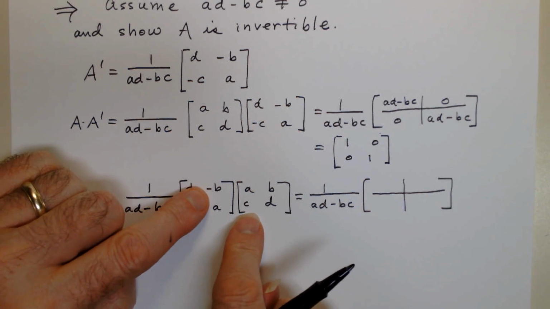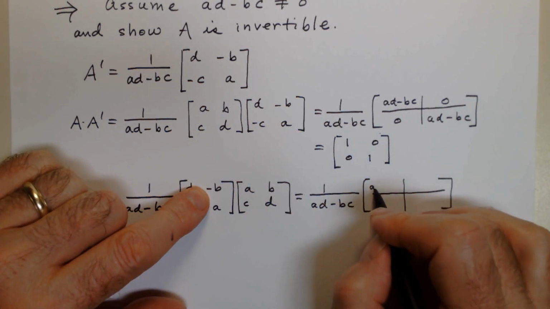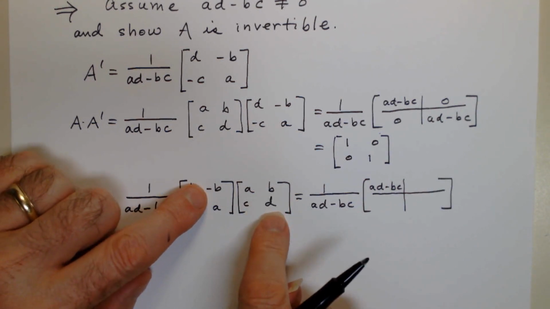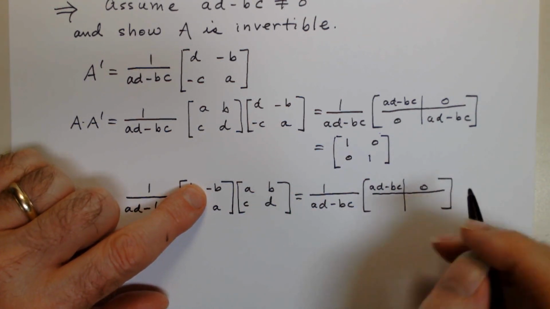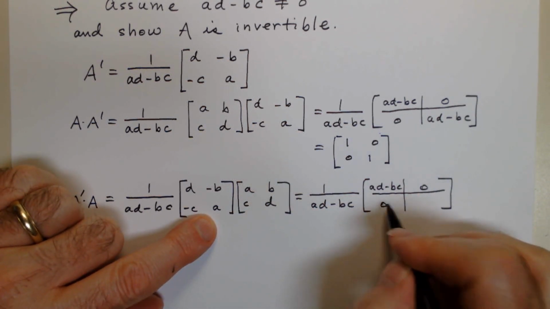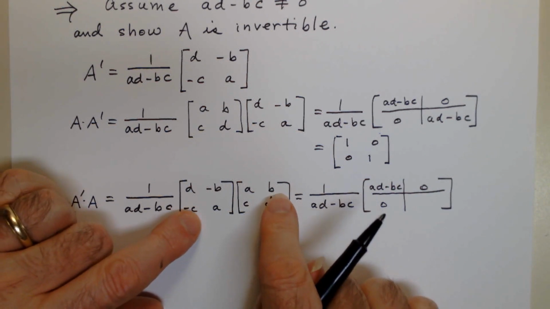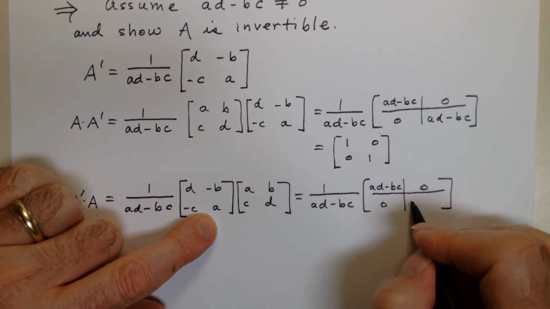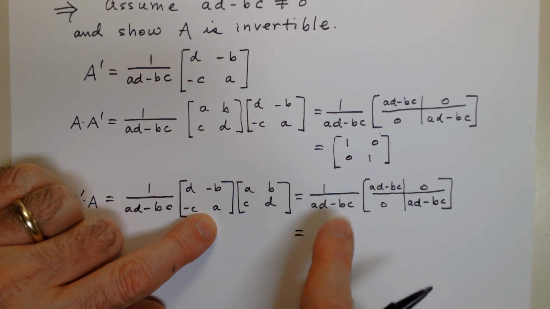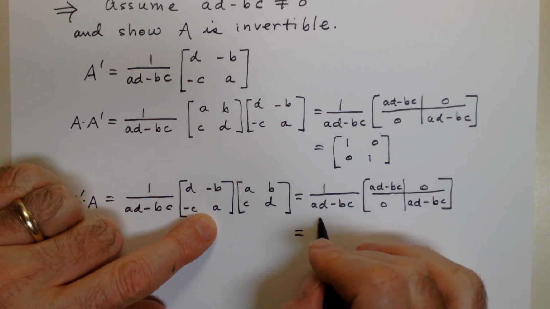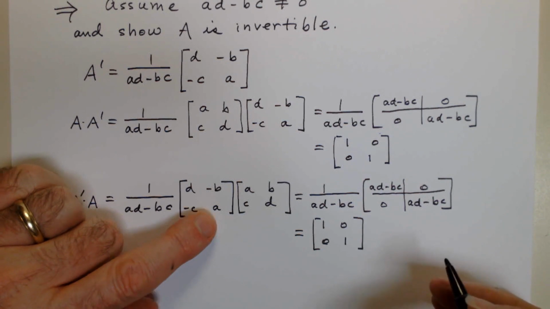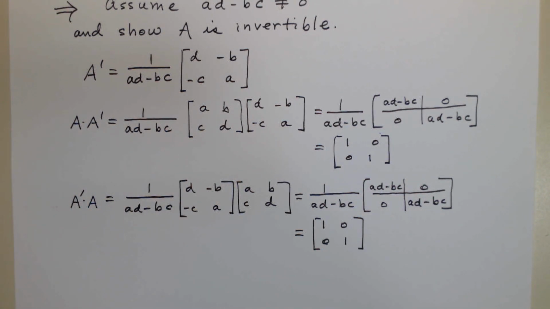We'll have AD minus BC. We'll have DB minus DB. Minus AC plus AC. And then minus BC plus AD. That's AD minus BC. And then again, by scaling all of the elements by this, I'm going to get 1, 0, 0, 1.